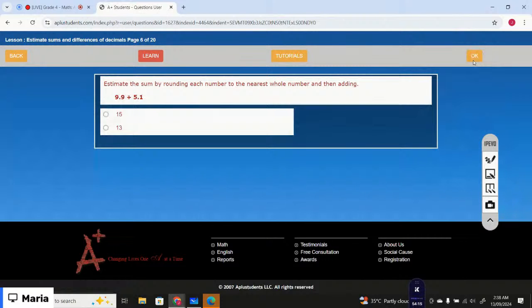Estimate the sum by rounding each number to the nearest whole number and then adding. That is 9.9 plus 5.1.